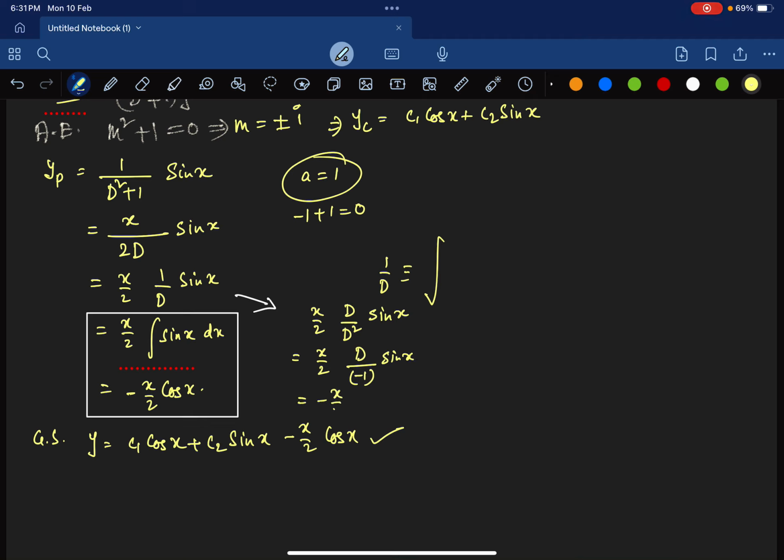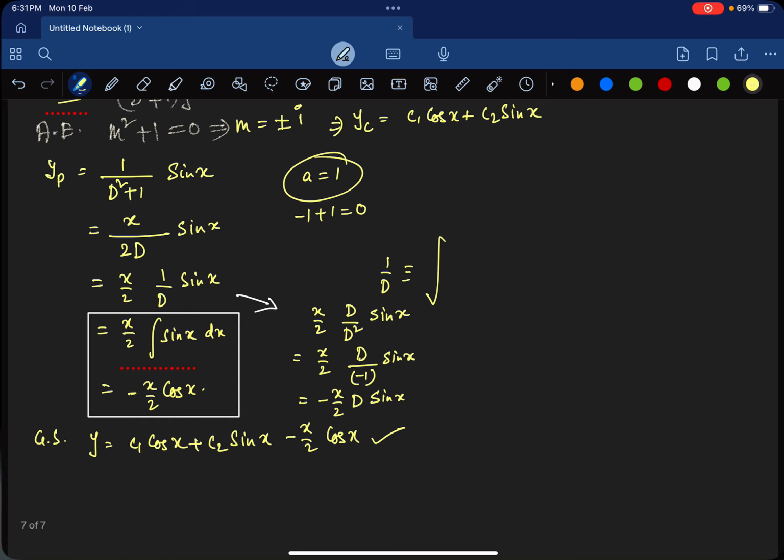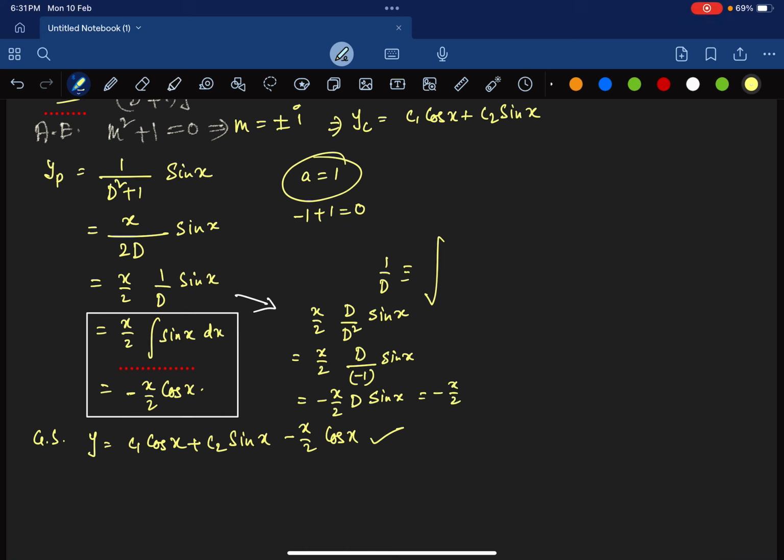In the next step, x by 2 D of sin x. D of sin x means the derivative of sin x, that is cos x. So x by 2 cos x. Both methods give you exactly the same answer. Either you apply integration or you go with the usual method, you get the same answer. So you can follow either method when you have 1 by D for a sine or cos function.